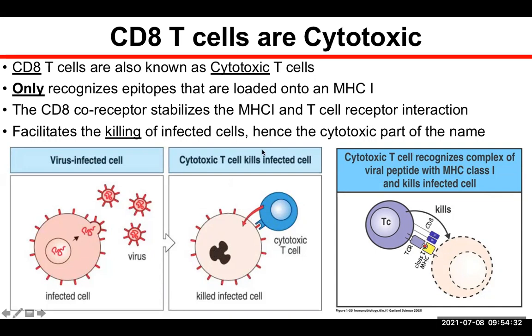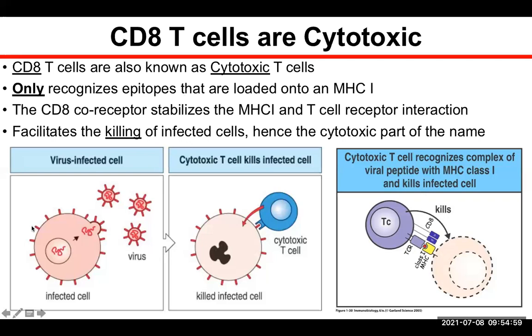Once a CD8 T cell ends up recognizing the right antigen that's being expressed by this antigen presenting cell, it's going to facilitate killing, because as I mentioned before, MHC1, once it's loaded with antigen, is telling the CD8 T cell, I'm infected, kill me, so there isn't any more replication that can occur.